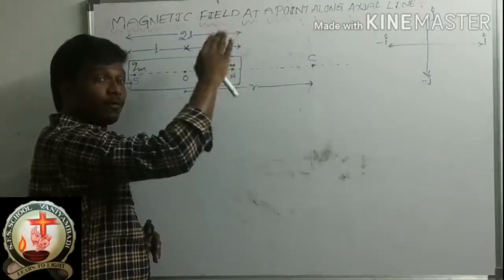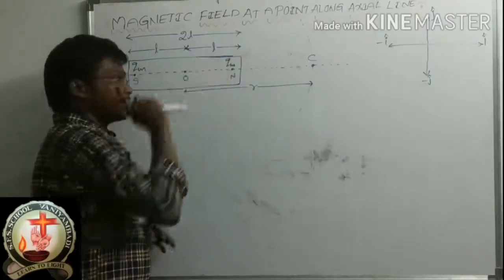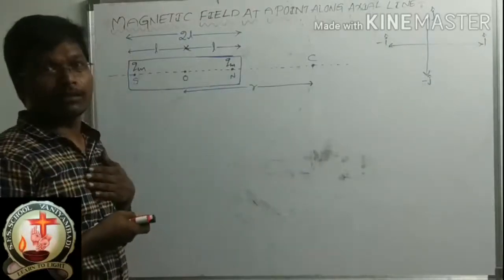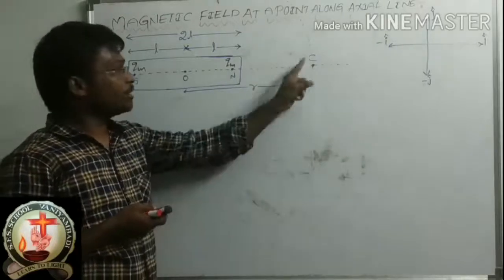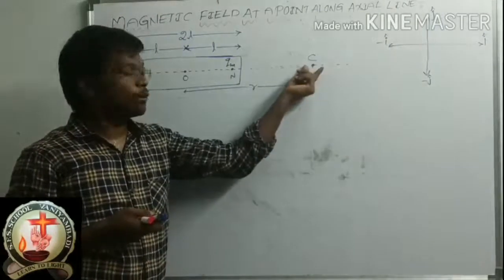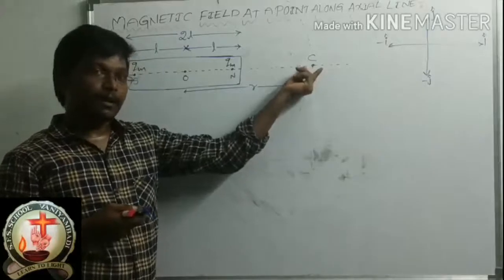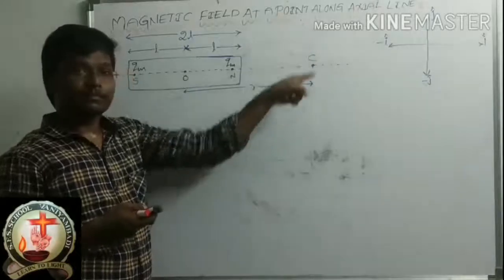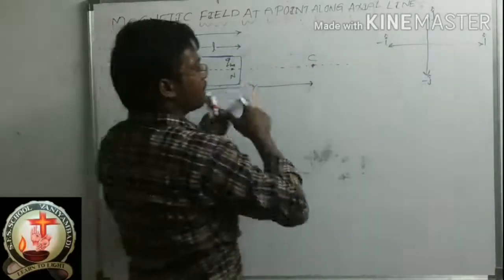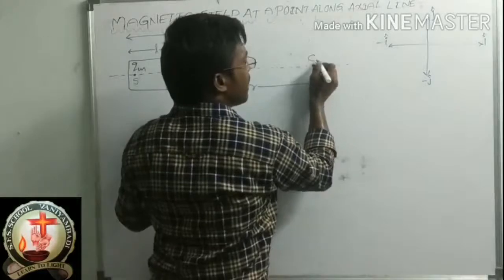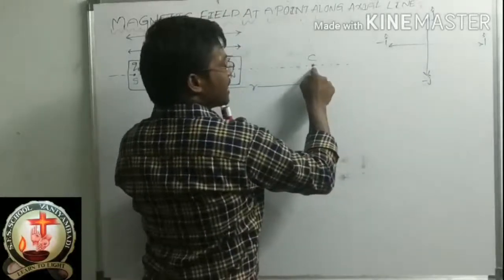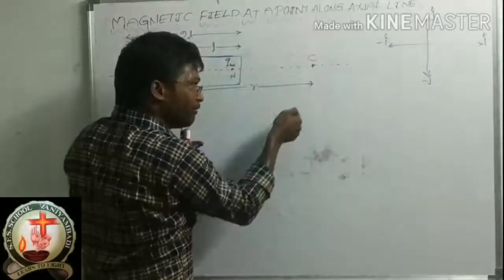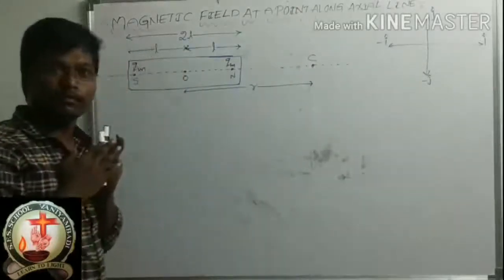I consider one point C, and I place it on the axial line. This point is on the axial line, and at the same time it is within the region of the magnetic field also.